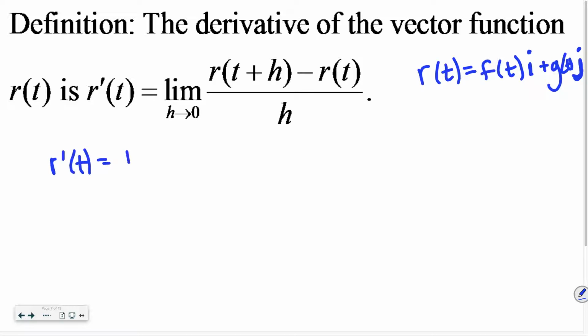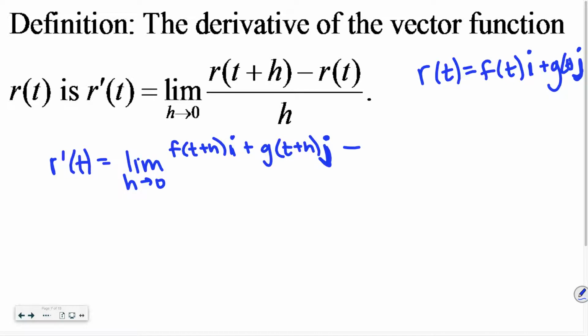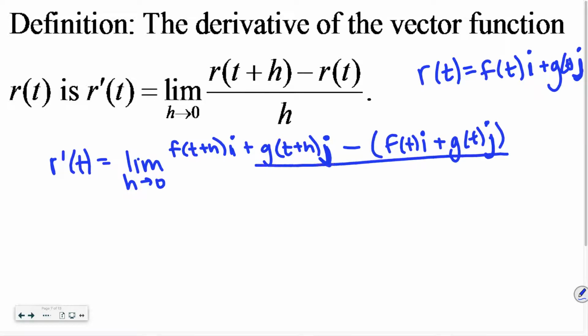Which means our derivative is the limit as h approaches 0 of r of t plus h minus r of t, all over h.